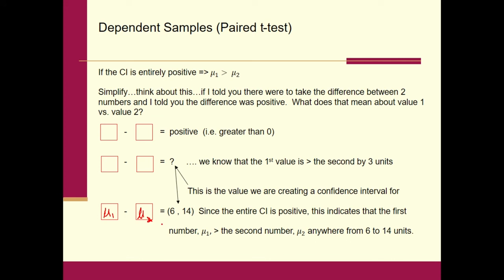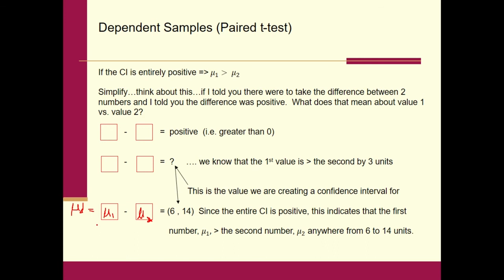And I just told you that mu sub d is equal to mu1 minus mu2. So if we go through this process of doing a paired t-test and our confidence interval turns out entirely positive, that tells us that whatever was in the first population, its mean is greater than the mean of the second population.